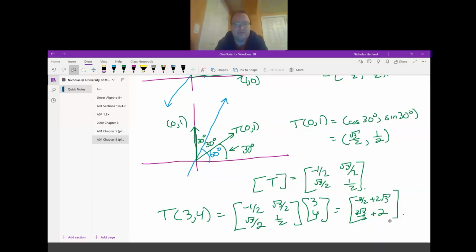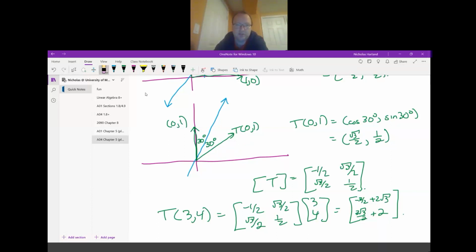Okay. Yeah, for a reflection, this will not just be what a rotation will be. No, that wouldn't work, just to use the rotation matrix, because the angle that we needed to get the first vector and the angle we needed to get the second vector weren't the same.